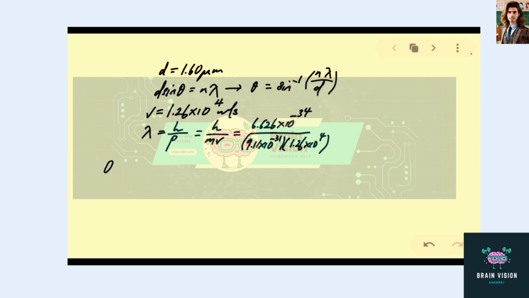So theta 1 is just when n equals 1. This will be lambda over 1.6 times 10 power minus 6 meters. Substituting this value, we should get theta 1 to be about 2.07 degrees.